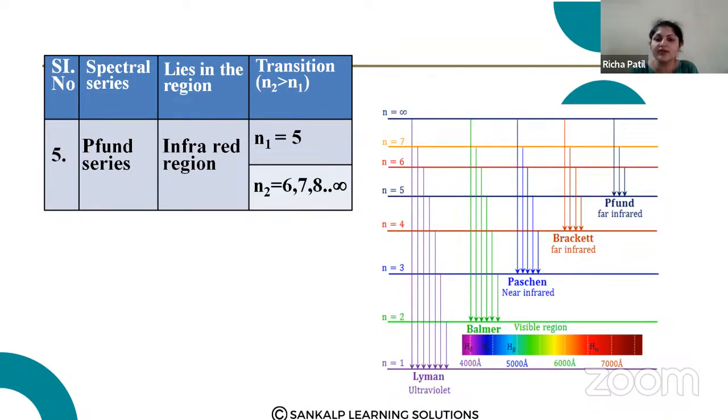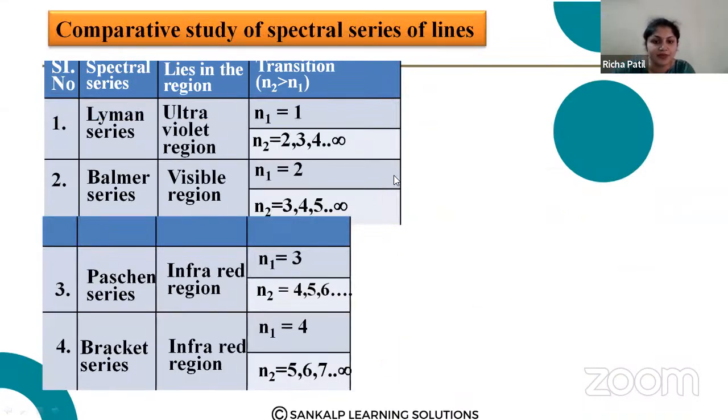When coming down, they emit some radiation, and these radiations show the spectral lines. These are the 5 spectral series seen in the line hydrogen spectrum. So remember what n1 and n2 are in each particular spectral series.